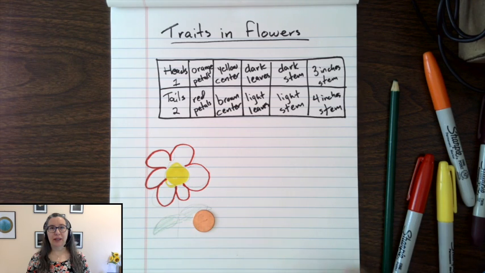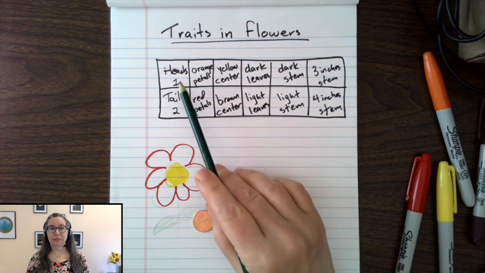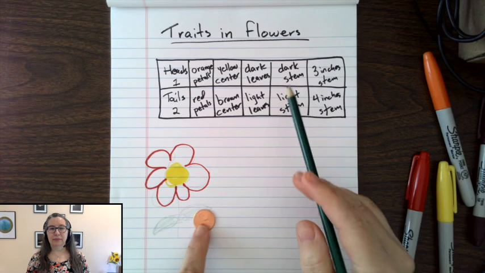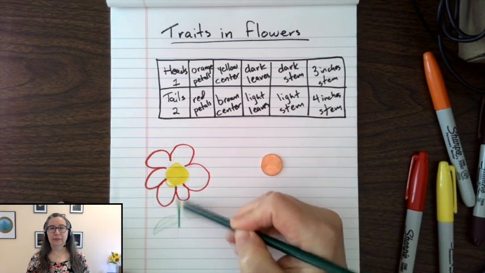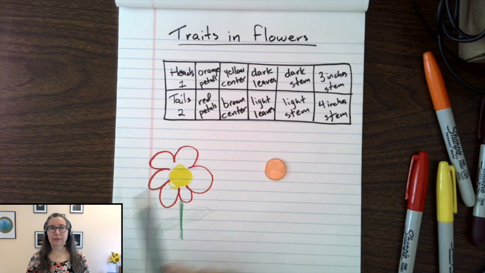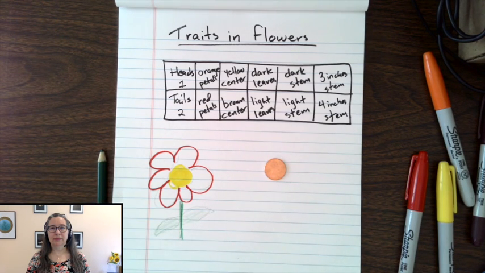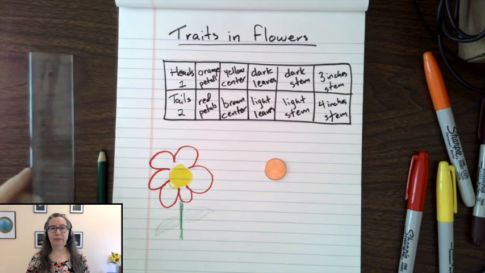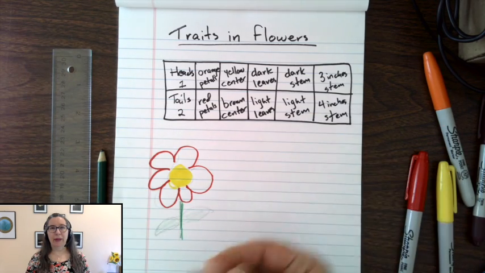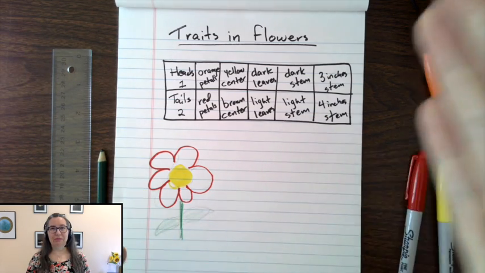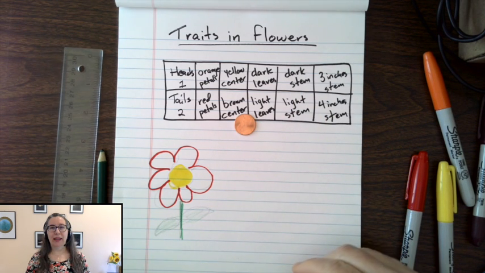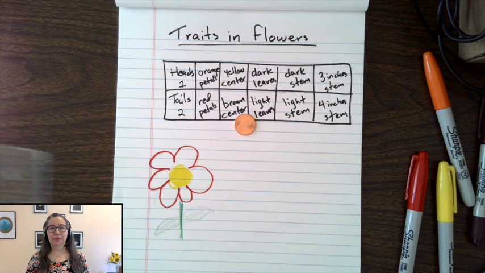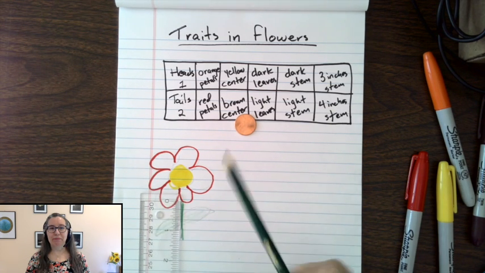It needs a dark stem. Now we need a ruler for our last flip. I got heads. I need to draw a 3-inch stem.